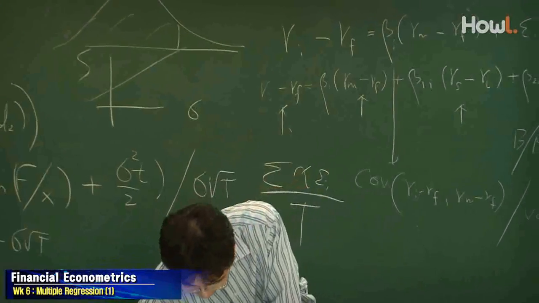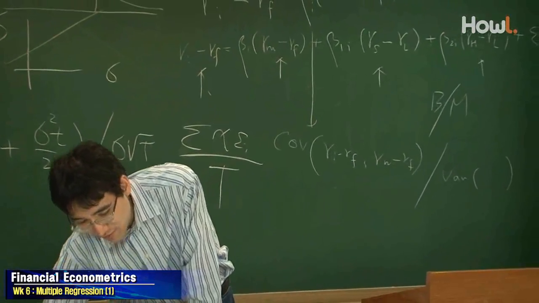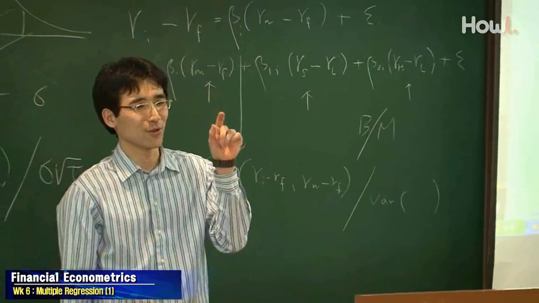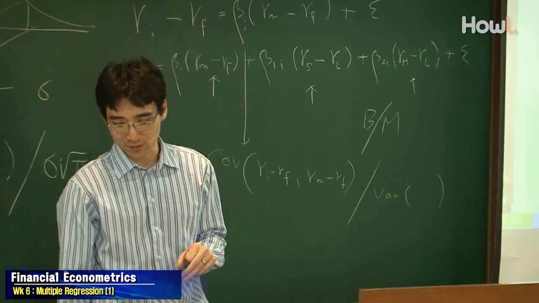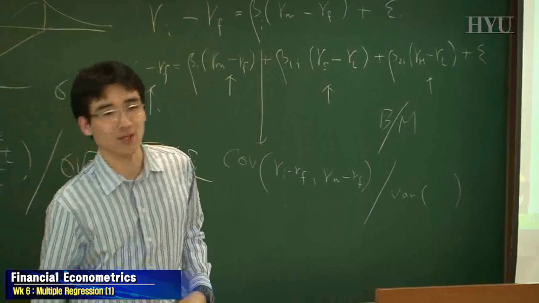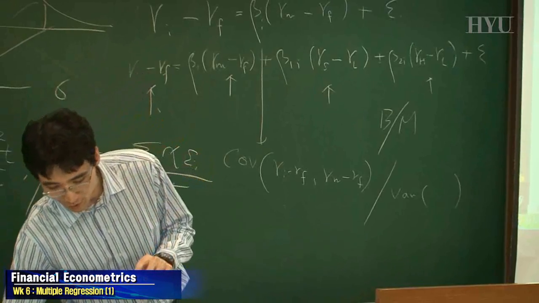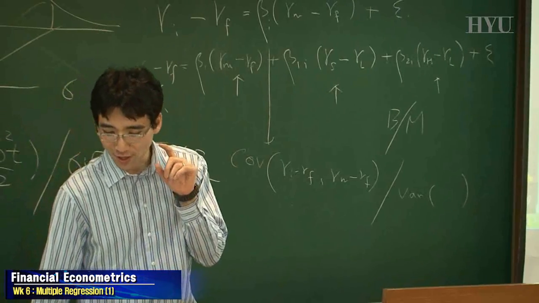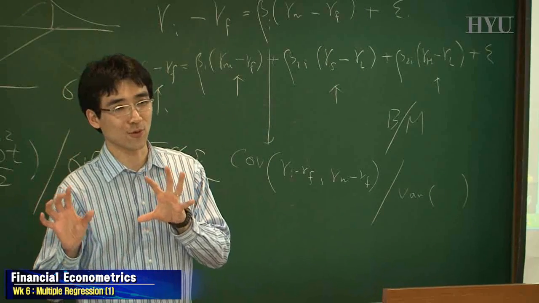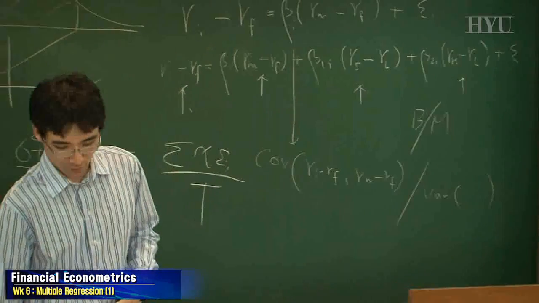So basically, the variance-covariance matrix of the beta looks like this. Note that the variance of beta i is slightly different, right? Beta is a vector, a vector of our estimates. So the diagonal terms are basically beta i's variance, but the off-diagonal terms are all covariances between the betas.